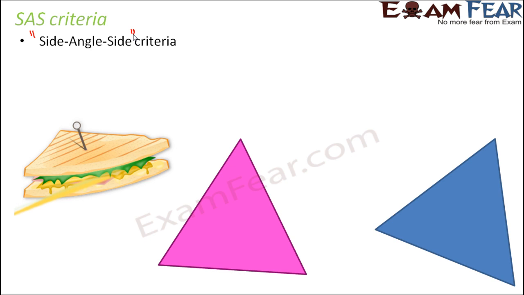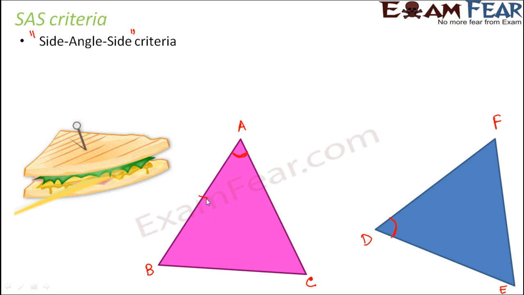So let me explain this with an example. Let us say you have this triangle ABC and you have this triangle DEF. Now such that the measure of angle A, this angle, is equal to the measure of this angle.